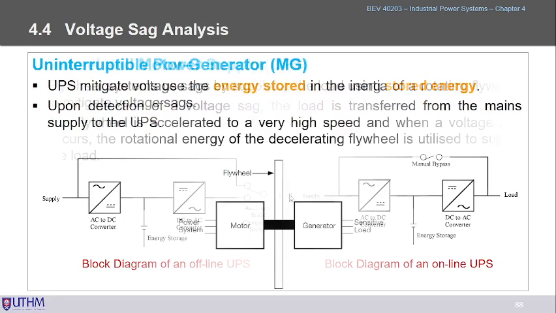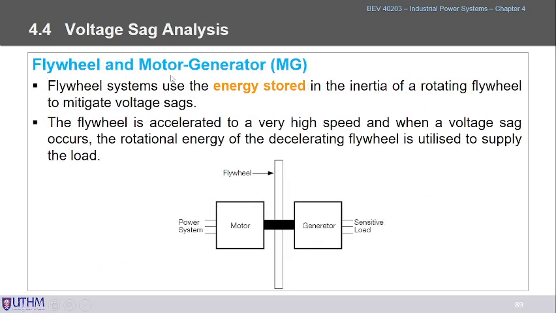Okay? And the flywheel motor generator, also in the normal condition, the motor will run, and it will store the kinetic energy at the flywheel here. Okay? Once you have the voltage sag here, then the flywheel will automatically run, and it will deliver the stored energy here to correct back your voltage sag.